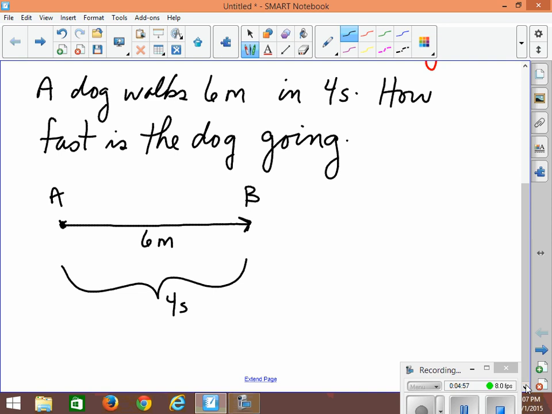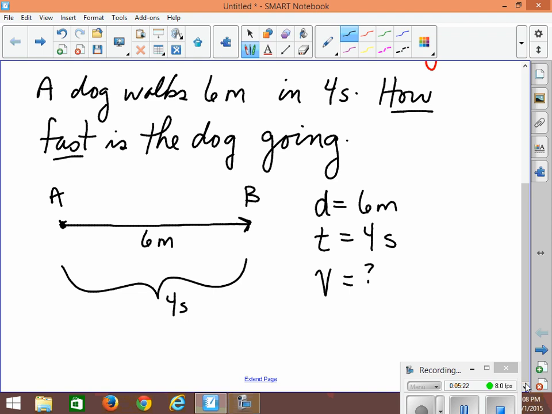And so what you can do is you can write a little list of the information given in the question. I see that it's giving me a displacement of 6 meters, and I see that it's giving me a time of 4 seconds. And so it's asking me how fast, which of course is the speed or the velocity, so it's also indicating that I have to somehow involve that.